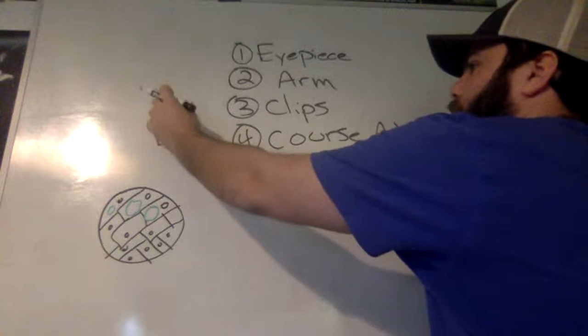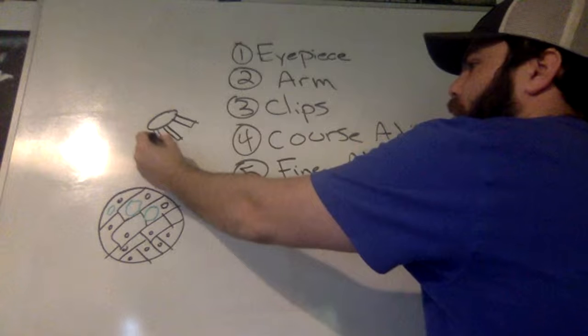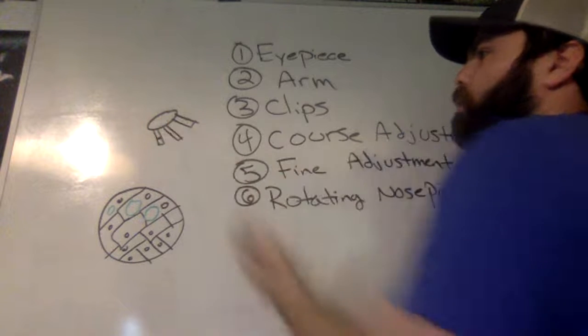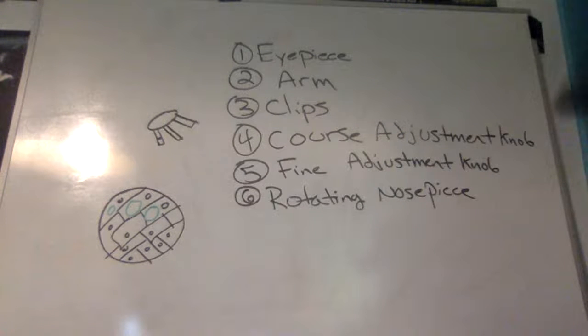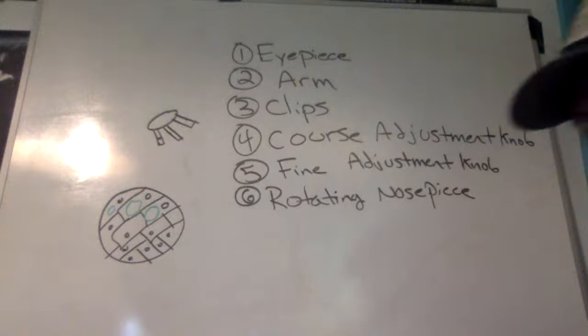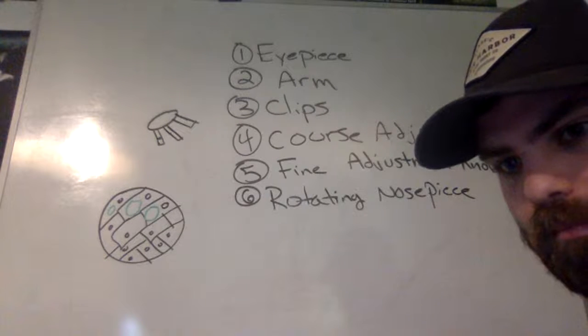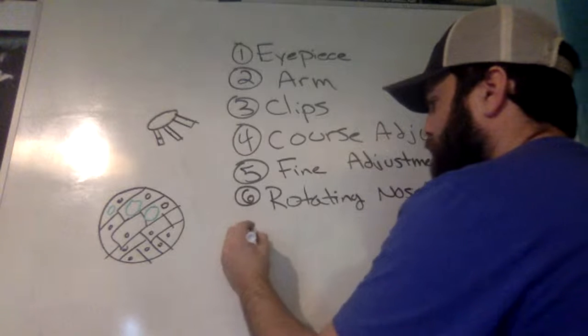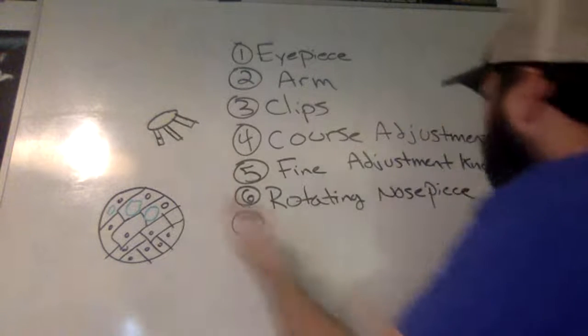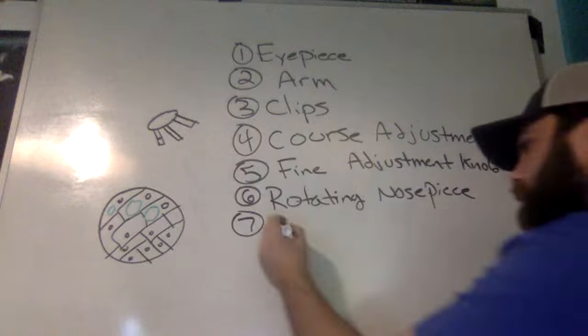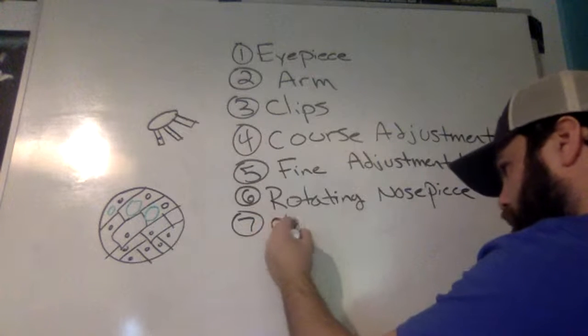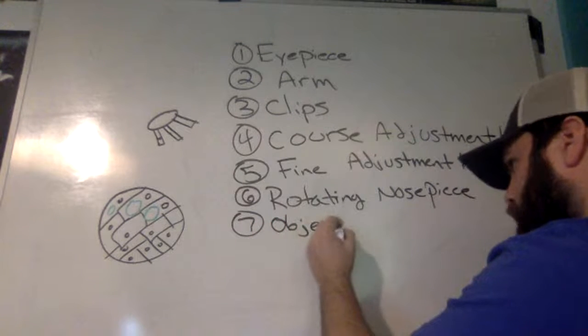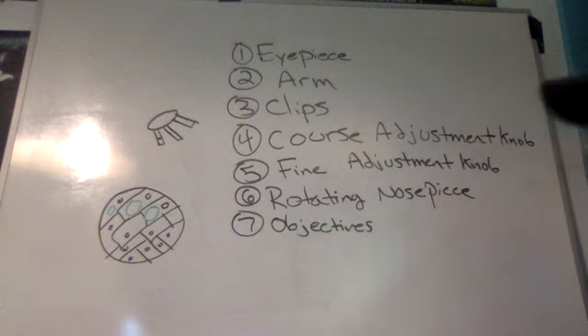And this basically rotates. So you will either look at one of them, number 7, or number 8. And each one of those lenses are a different magnification, okay? And because they're moving it, the nose piece actually controls the objectives, all right? And that's the actual magnification of it.